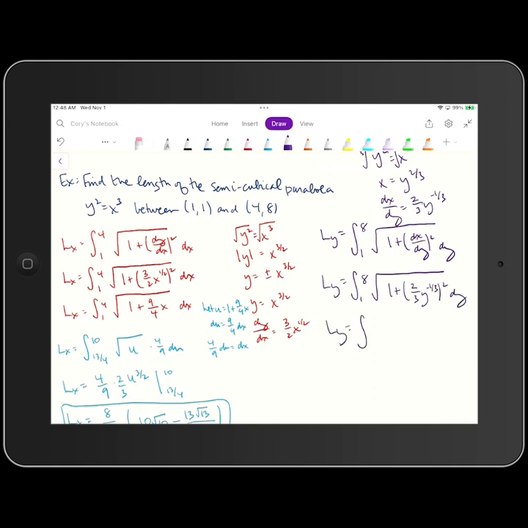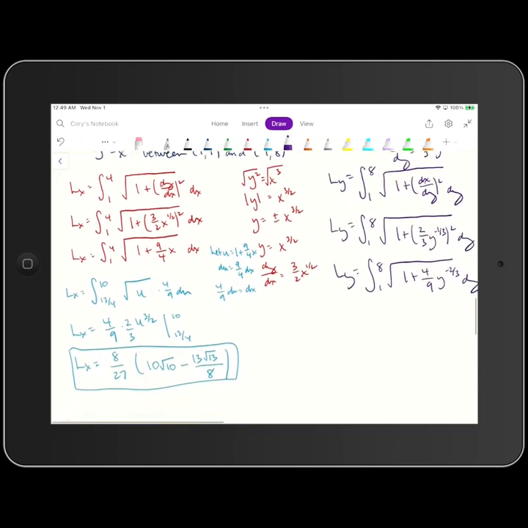And then when we square all of the factors in the parenthesis, we get the integral from 1 to 8 of rad 1 plus 2 squared is 4, 3 squared is 9, y to the negative 1/3 power squared is y to the negative 2/3 power, which we are integrating with respect to y. And we don't have the integration techniques to evaluate that by hand, so you need to use your calculator to evaluate that integral.